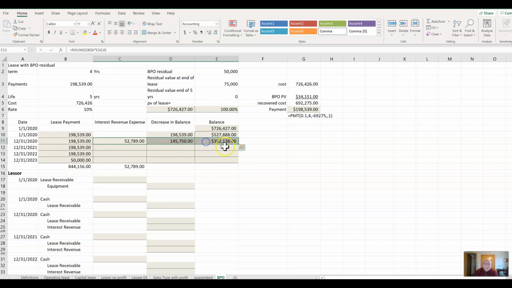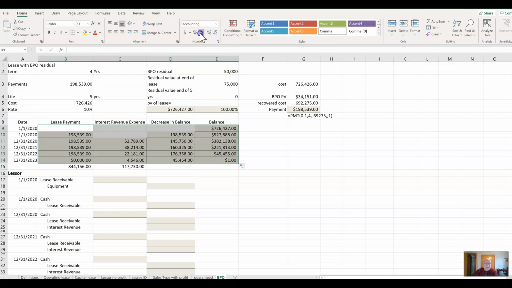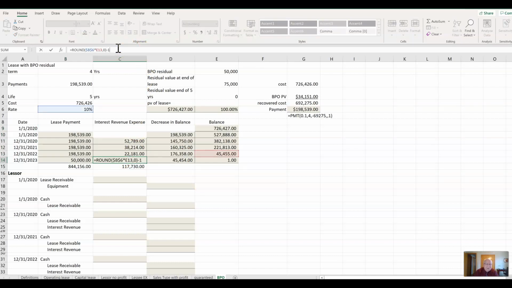And then if I did it right, you can highlight that and copy it down. And again, get rid of the decimal place, the dollar signs, and we're off $1 because of rounding. Okay, so that takes care of that. So that's our tables, done the same way we've done all the rest of them.